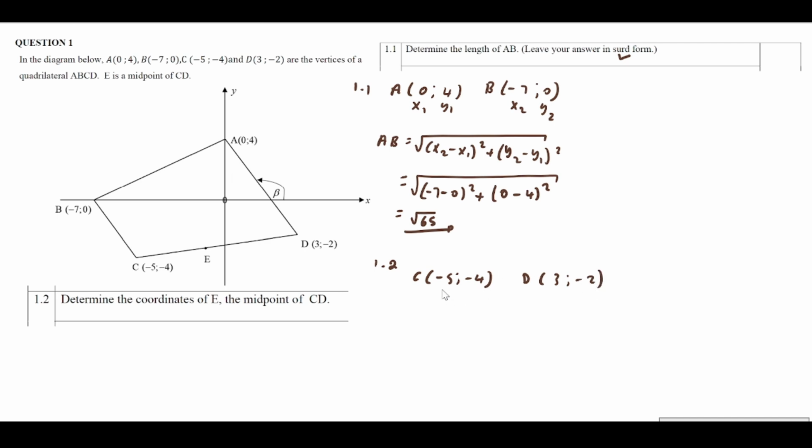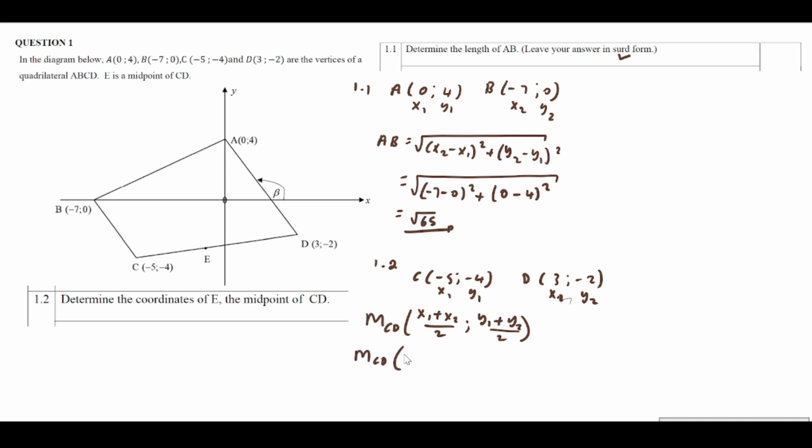Label your points again: x1 and y1, x2 and y2. So the midpoint, using the capital letter M, of CD. The formula is also in your formula sheet: x1 plus x2 divided by 2, y1 plus y2 divided by 2, and then you do your substitution.